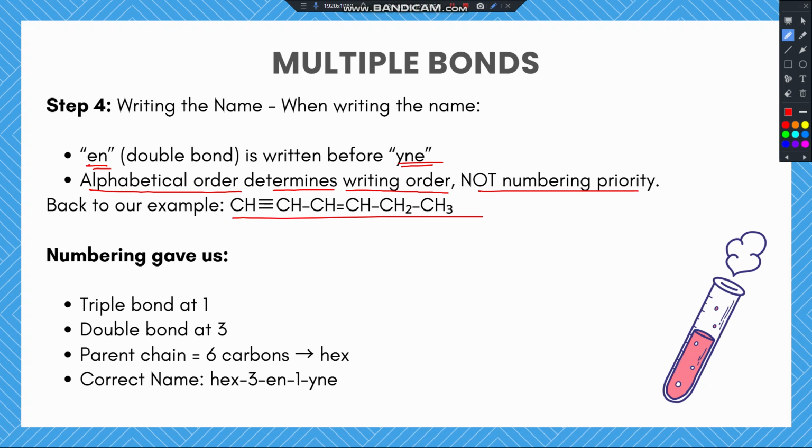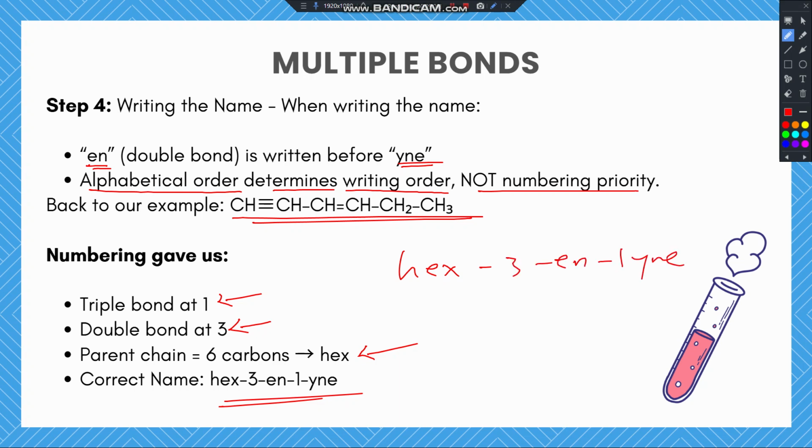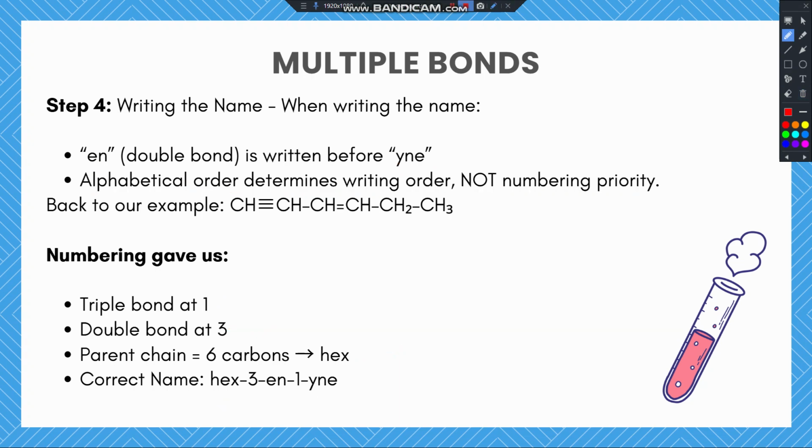So in this example, the triple bond is at carbon number 1 and then the double bond is at carbon number 3. The parent chain contains 6 carbon atoms, which is hex, and you can see the name hex-3-en-1-yne. So let's go ahead and check out some examples that we can handle using this concept.